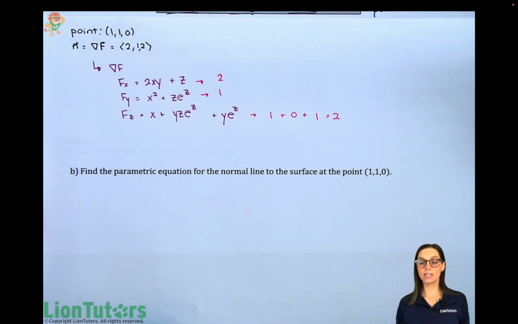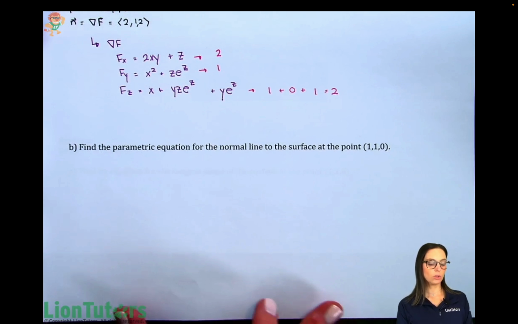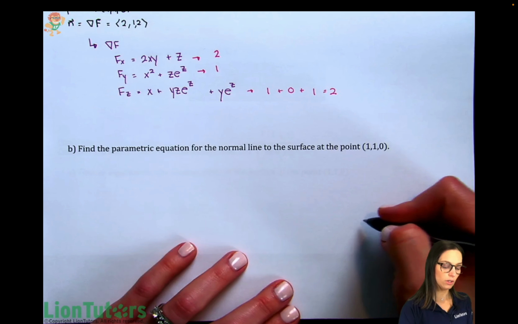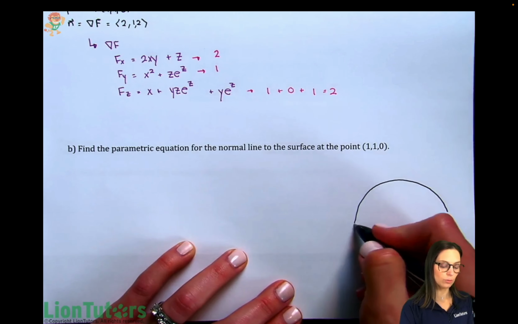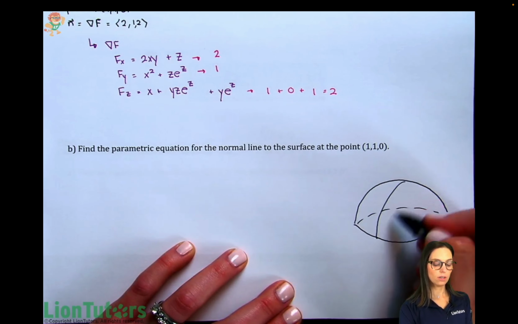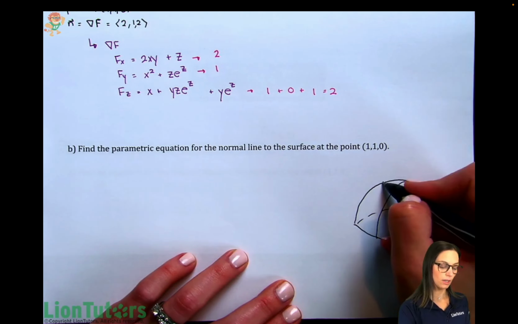Part B says, find the parametric equation for the normal line to the level surface at the point 1, 1, 0. So again, I told you I'm going to be drawing a lot of domes. Let's say you have some surface, and what we just did is we found the equation of the tangent plane.